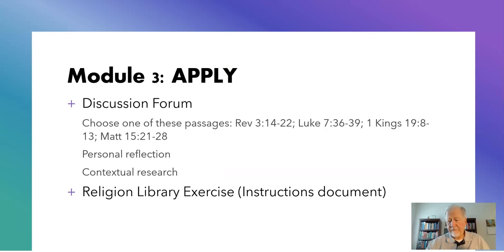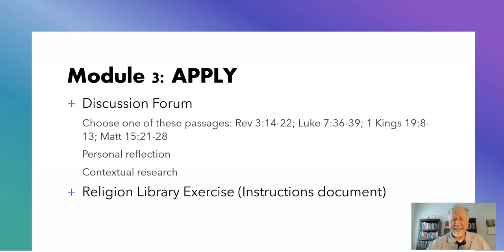In terms of the graded assignments for the week, first of all, the discussion forum is packed with information. So you will be asked to choose one of these 4 passages from Revelation 3, from Luke 7, from 1 Kings 19, from Matthew 15. And first of all, to do just a personal reflection.